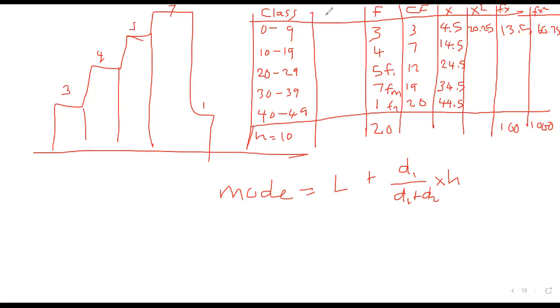I left this column deliberately because we have to adjust these classes. These numbers must be the same in the diagonals. So the rule is that you need to add 0.5 on the upper bound. So this is 9.5. This is 19.5. This is 29.5. Then this is 9.5.